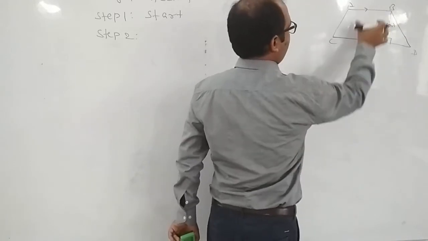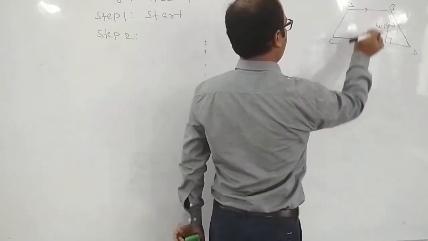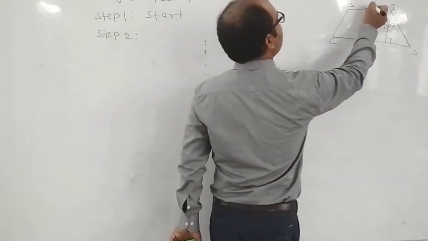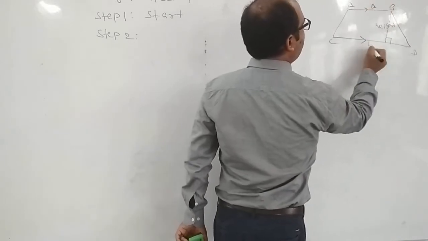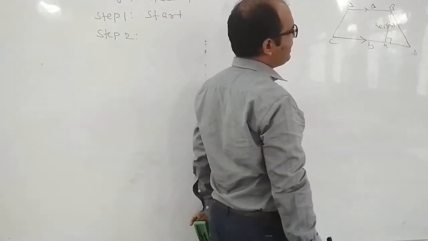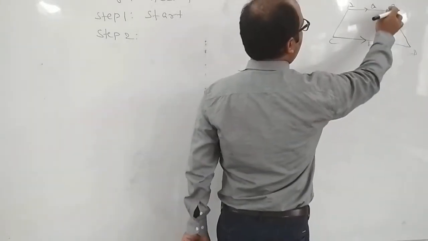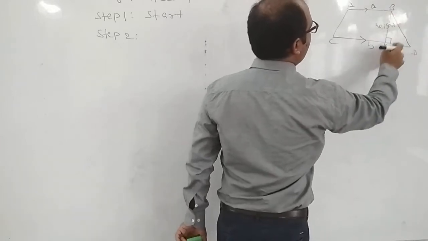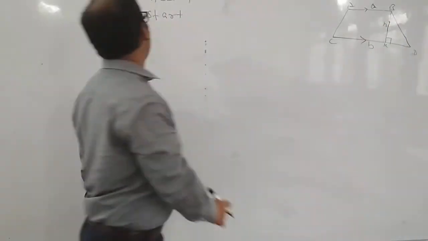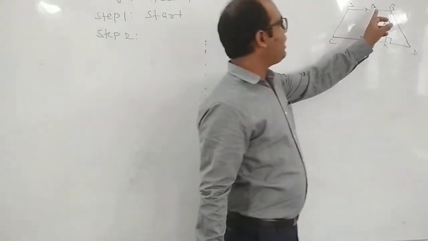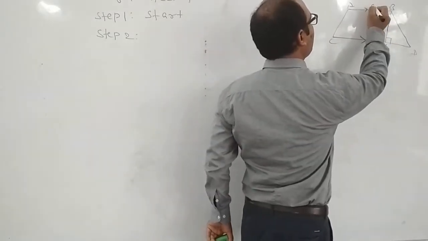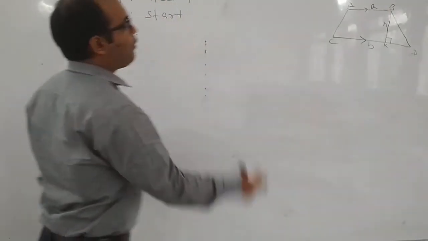Take AB as A, CD as B, and suppose BK is the perpendicular from AB to CD. Take the distance between the parallel lines, that is BK, as H. So we need to take 3 inputs A, B and H in order to find the area of the trapezium.